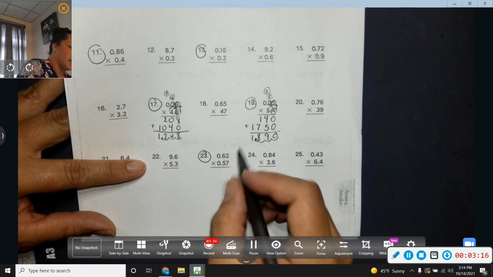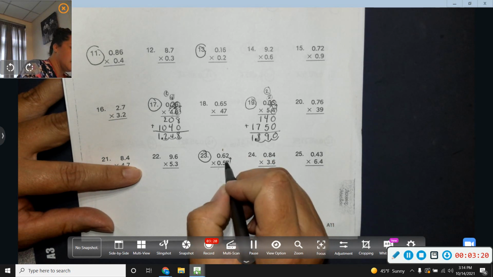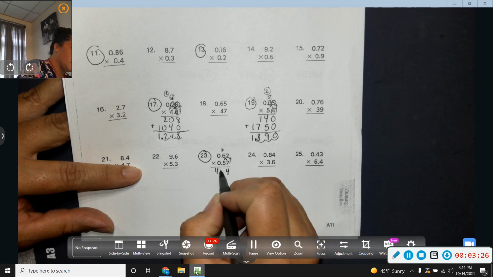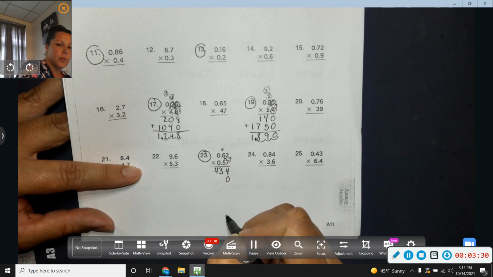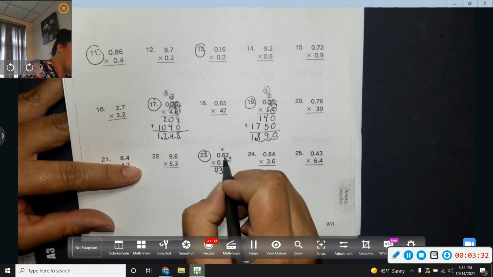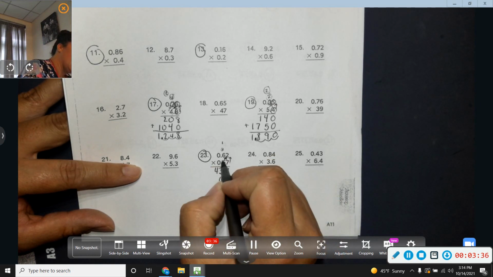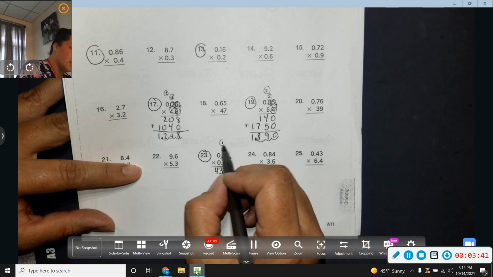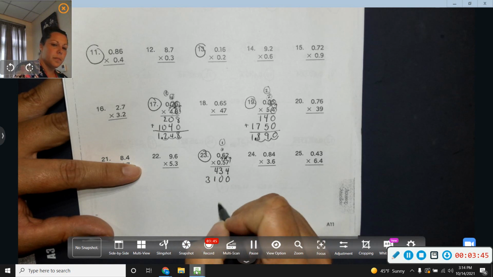Number 23. 7 times 2, 14. 7 times 6, 42. Plus 1 is 43. Done with the 7. Put my placeholder 0. 5 times 2 is 10. 5 times 6 is 30. Plus 1 is 31.